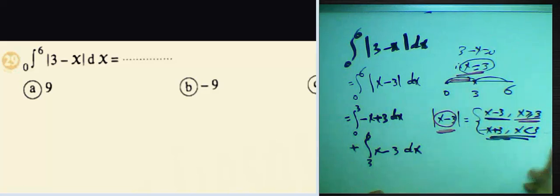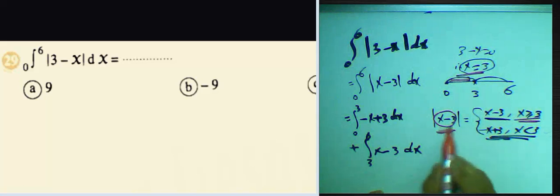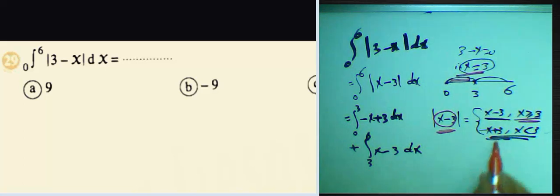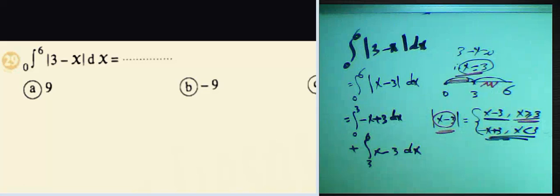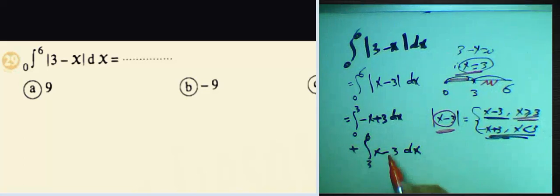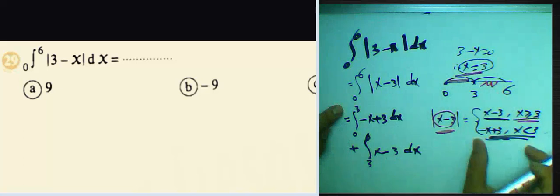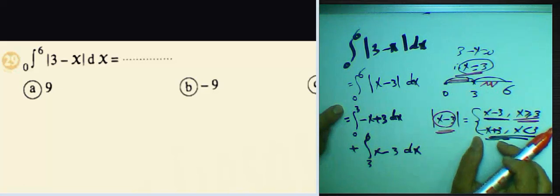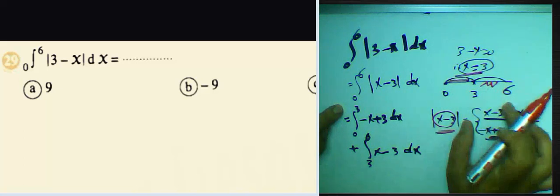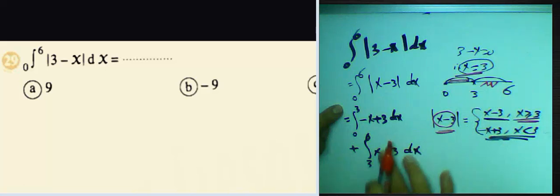And in this part, x less than 3, write the inverse, negative x plus 3. Okay, and then from 0 to 3, it will be less than 3, right? This interval, negative x plus 3, and from 3 to 6, it will be x minus 3 here.